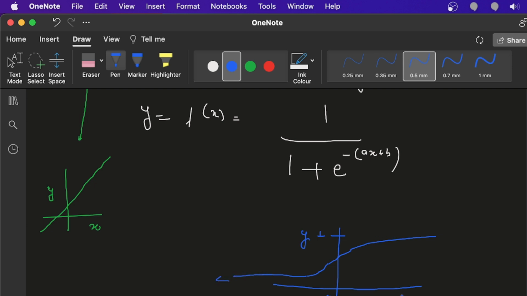For any value of x, your output should be either 0 or 1, but not exactly 0 or 1. Suppose for this value here, your value is 0.6.